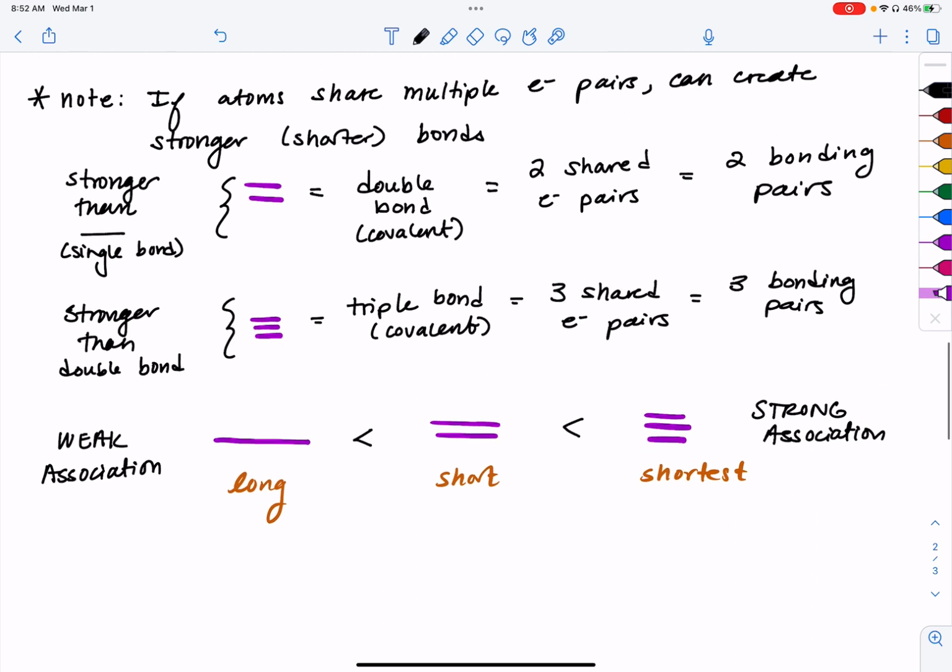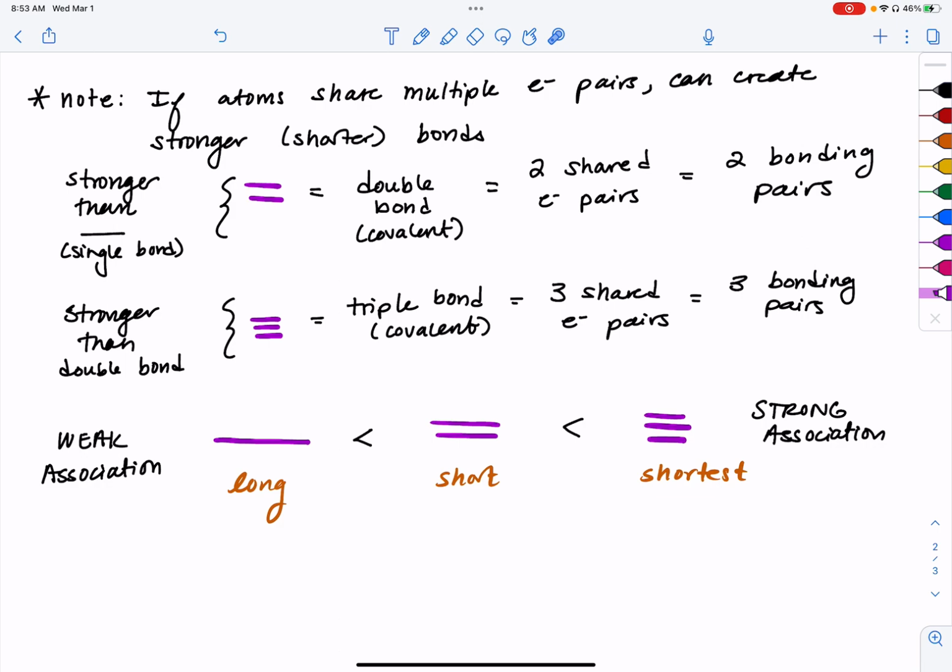The analogy that I like to give for thinking about a single bond versus a double bond versus a triple bond is imagine that you had a piece of rope on a deserted island, right? And you had no means of cutting your rope or fabricating new rope, but you need to make a rope that is 2 times as strong. So like if you were to hold, say, a charging cable out in front of you and figure out how you can make it twice as strong, you might imagine that you could fold it in half.